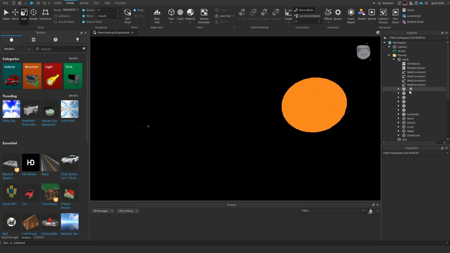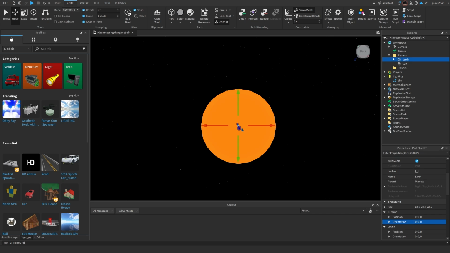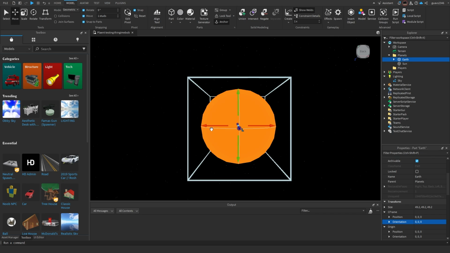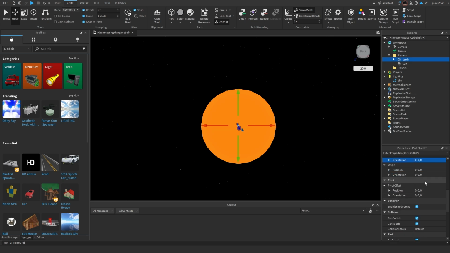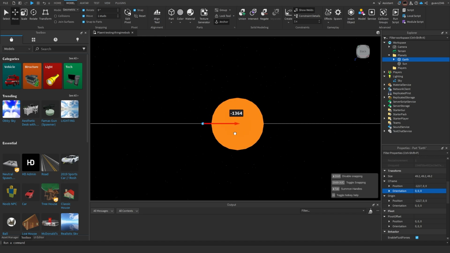Okay, now let's move. 53.4 billion studs. We can't do that. Let's just reduce here.